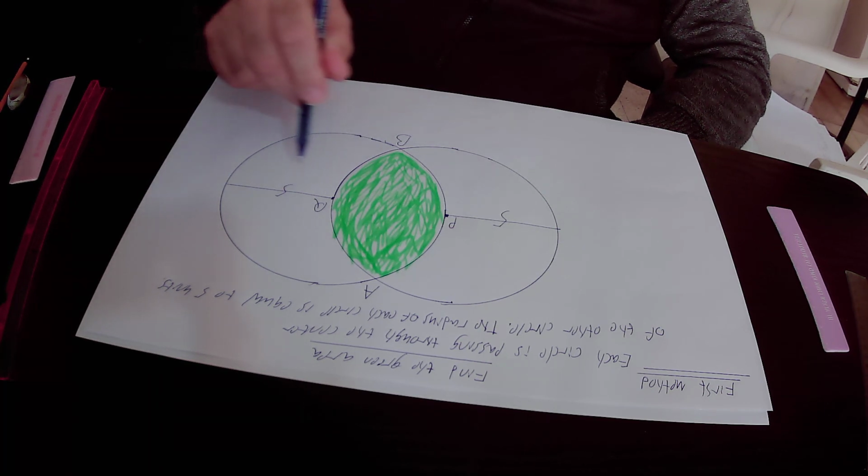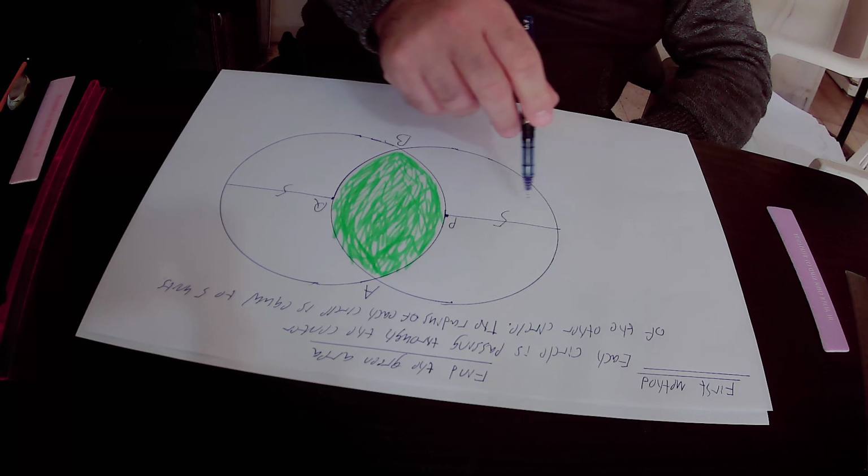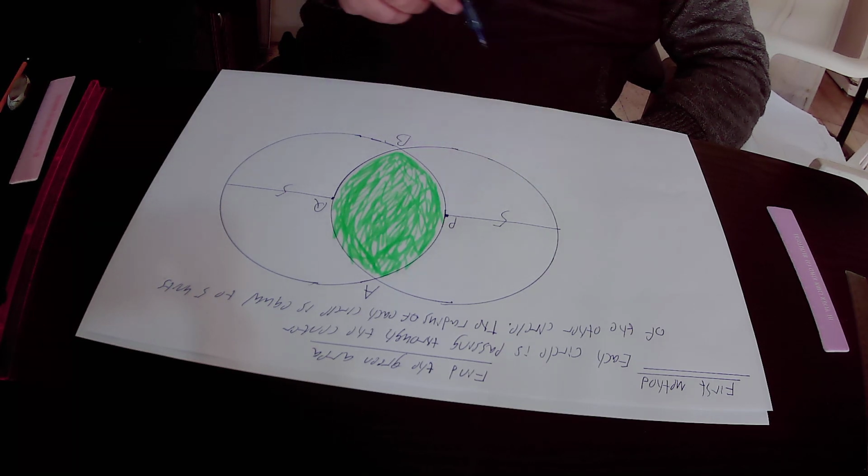The radius of this circle is 5 units, and the radius of this circle is also equal to 5 units.